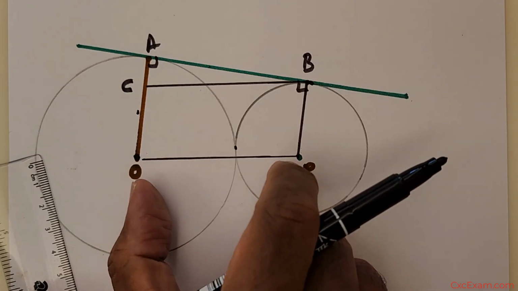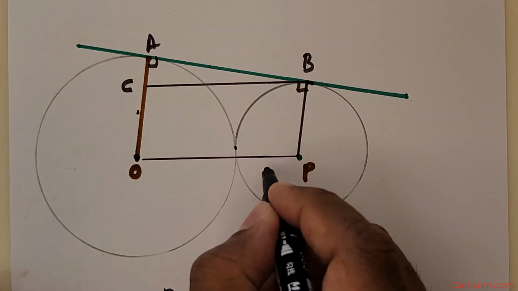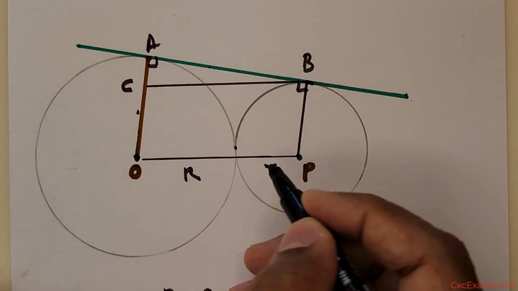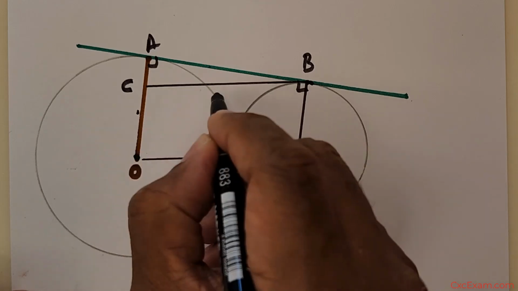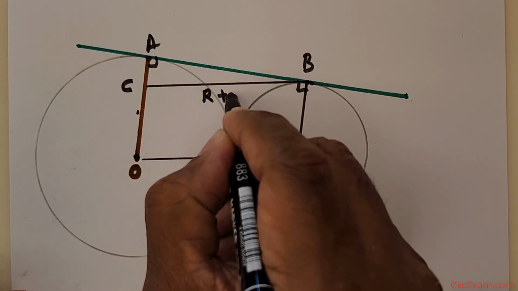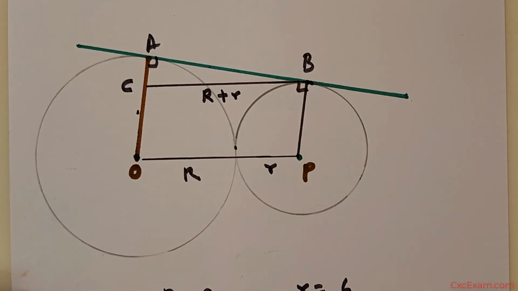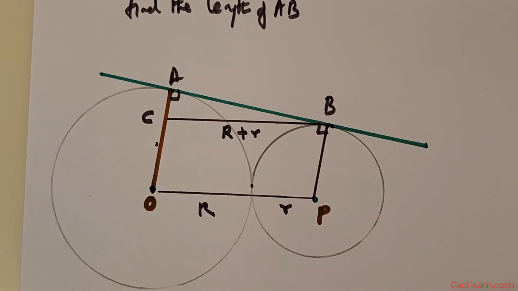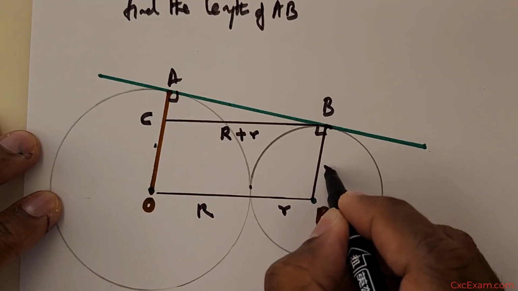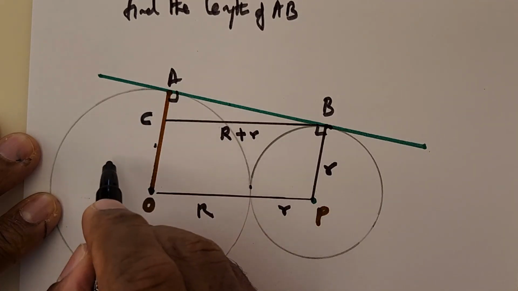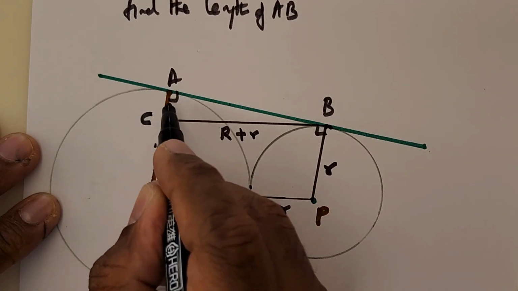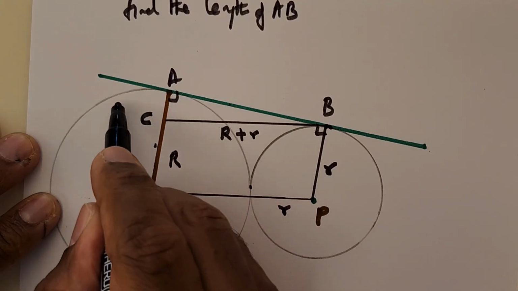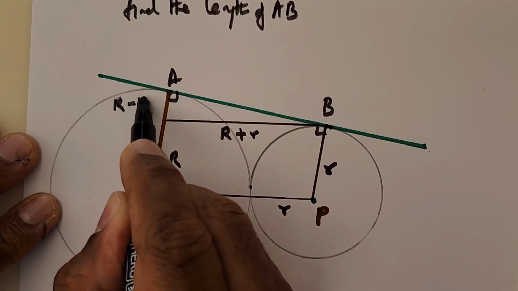We are only going to be using the fact that if this is R and this is capital R, then this entire length will be capital R plus small r. Okay, that is the all important point we will have to come to the understanding. Okay, so since this is R, this entire length is capital R, and subsequently this is going to be from capital R you subtract small r.